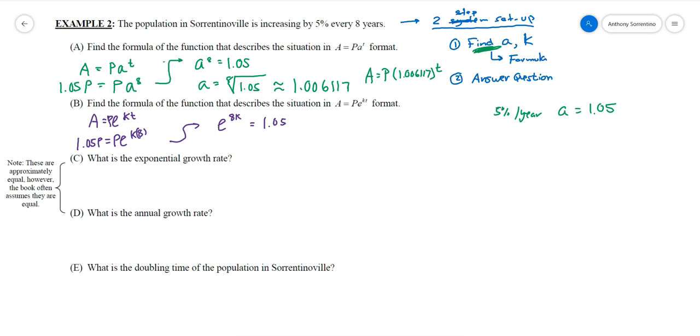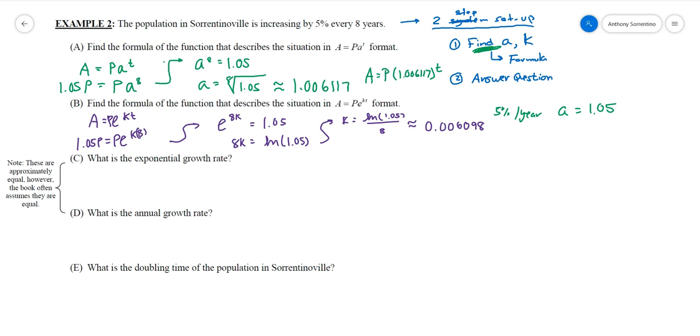To solve this for K, 8K is going to be the natural log of 1.05, which means that K is going to be the natural log of 1.05 divided by 8, which for formula purposes is approximately equal to 0.006098.